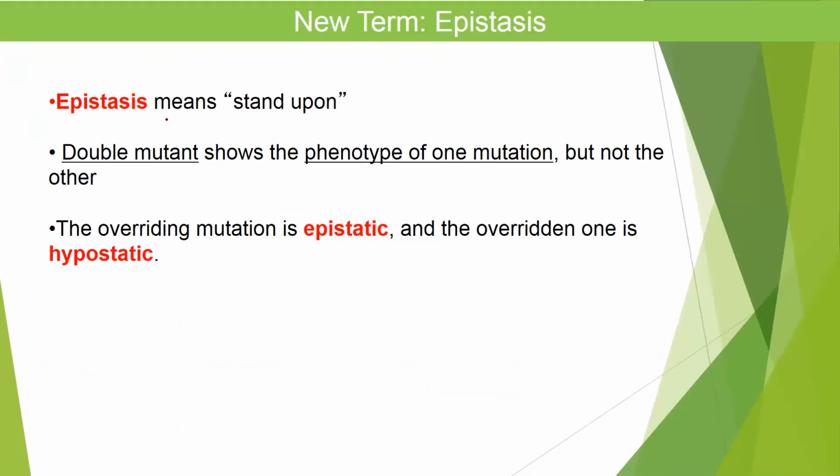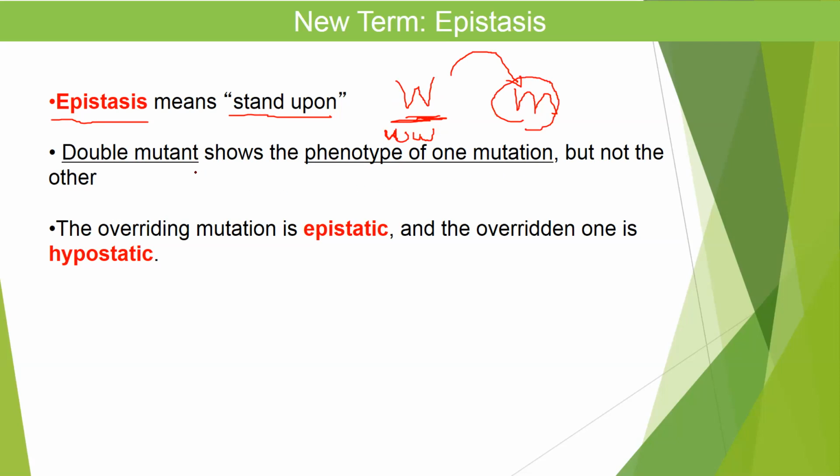This is the new term for us, epistasis, which means standing upon. In this example, we have the W gene and the M gene. In this case, the W gene is actually standing upon the M gene. Because this is a recessive epistasis, only if the first gene, the W gene, is a mutant, the M gene will be hidden.